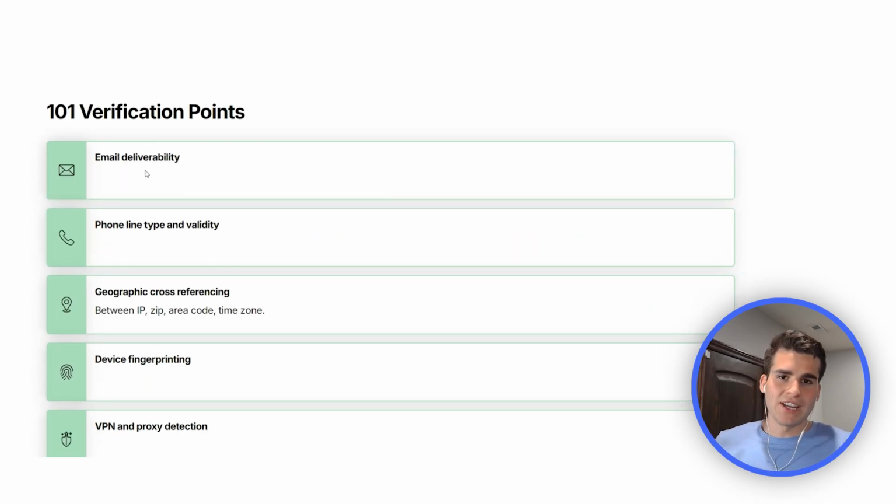So obviously we can't get into all 101 data points because A, it's proprietary, and B, that would take forever. But what we can do is I can show you the layers that it actually acts on to catch this and catch the bots and catch the competitors and filter it out from real people that are actually interested in your service. So it has email deliverability, phone line type and validity, geographic cross-referencing between IP, zip, area code, and time zone.